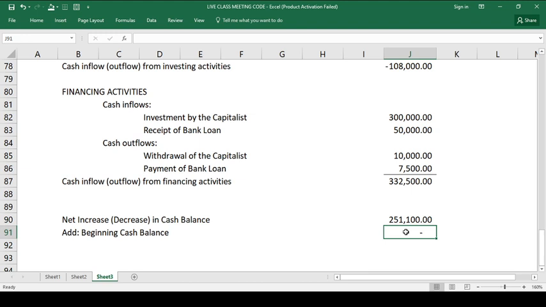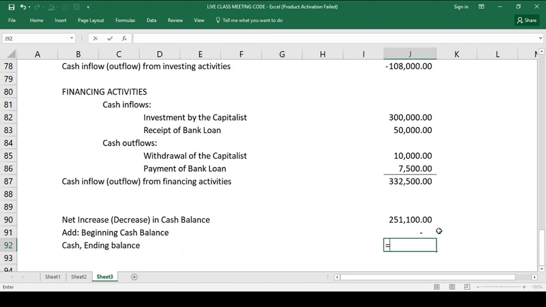Okay? So, deduct, equal sign, ayun, linagyan ko siya ng equal sign. Dapat, pag i-add mo yung net increase or decrease of the cash balance to the beginning balance, lalabas po ang cash ending balance. Okay?